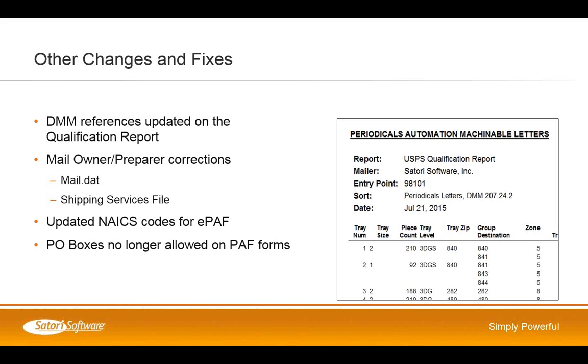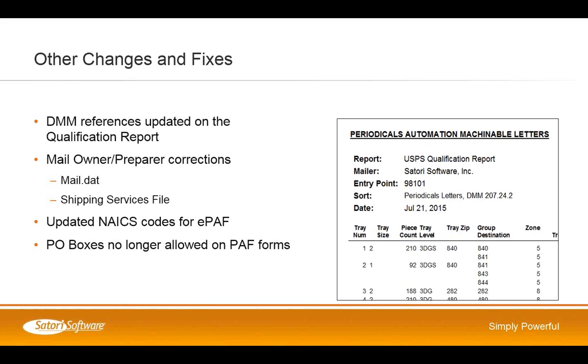We also made some changes to the way that we identify mail owners and mail preparers. This has kind of been an ongoing trial, unfortunately, because a lot of the mail owner and mail preparer validations happen after you submit a mailing, so you don't get a warning straight off the bat.